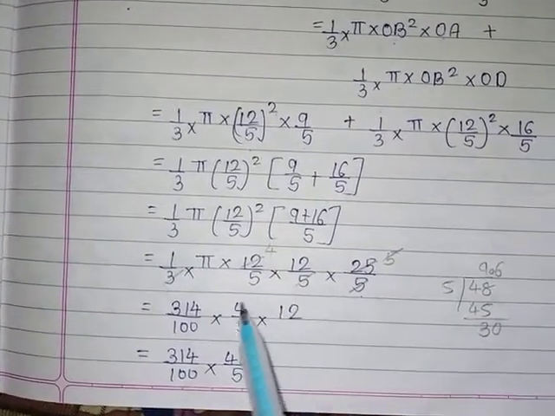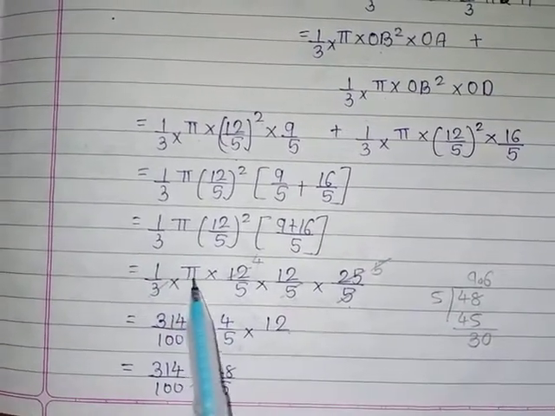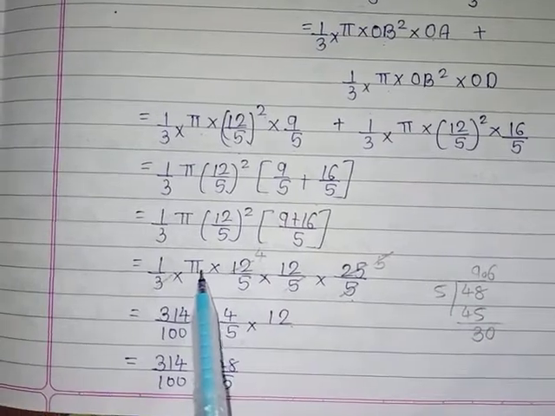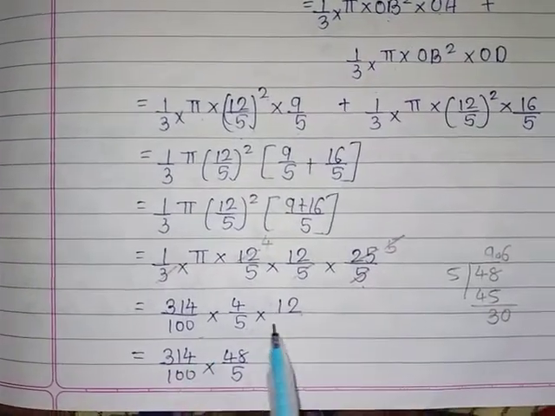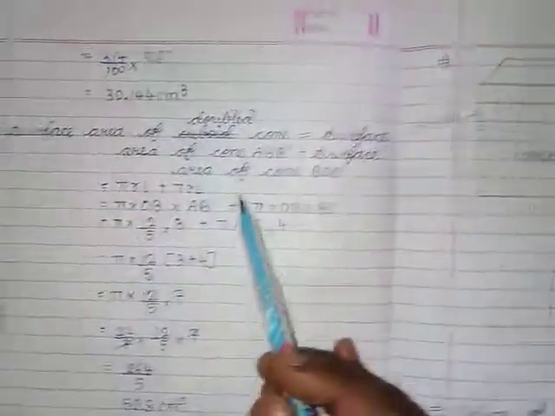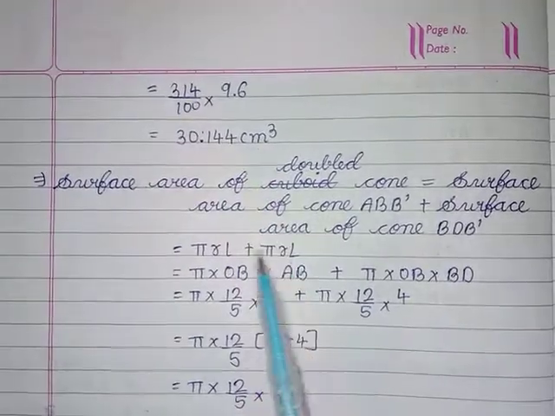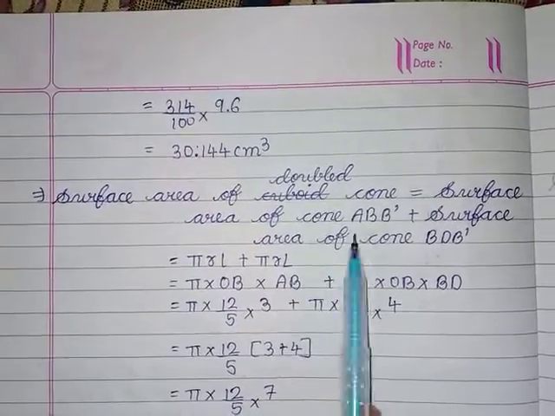If you simplify this, you will get 4 by 5 into 12. Here substitute the value of pi as 314 upon 100. If you simplify this, you will get your answer as 30.14 centimeter cube.